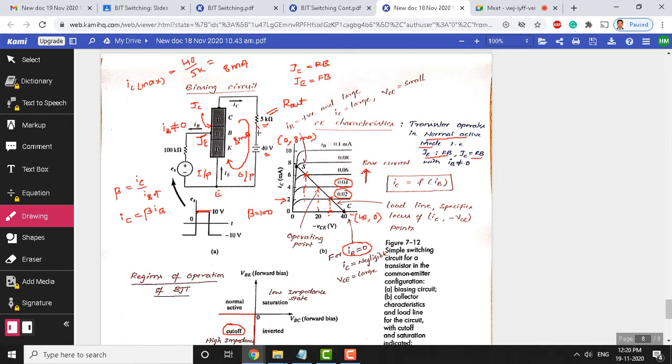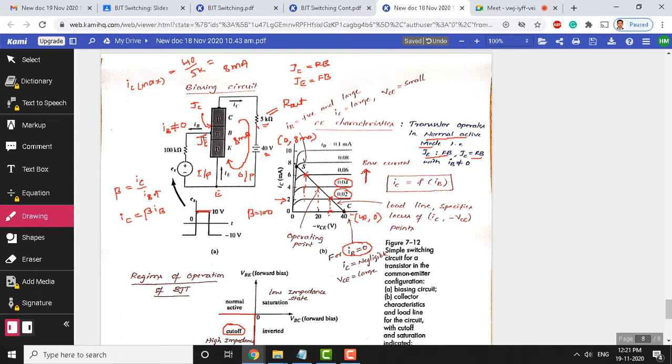In the earlier case, when the base current was 0, the complete drop was happening across the transistor, 40 volts between the collector and emitter, and the current through the 5 kilo ohm resistor was 0, so the collector current was 0.